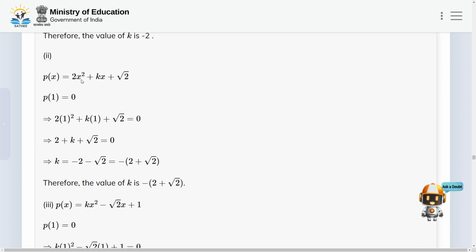If we substitute x equal to 1 in p of x equal to 2x square plus kx plus root 2, then we get 2 times 1 square plus k times 1 plus root 2 equal to 0, and it implies k is equal to minus 2 minus root 2, which is minus of 2 plus root 2. So the value of k is minus of 2 plus root 2.